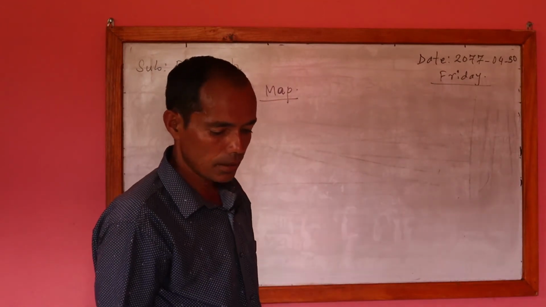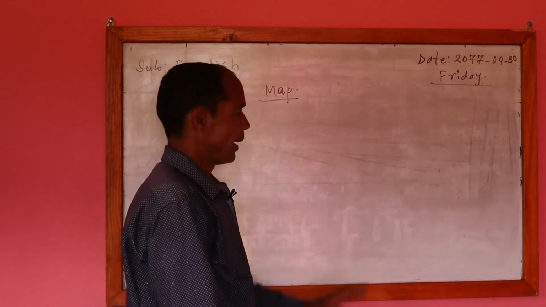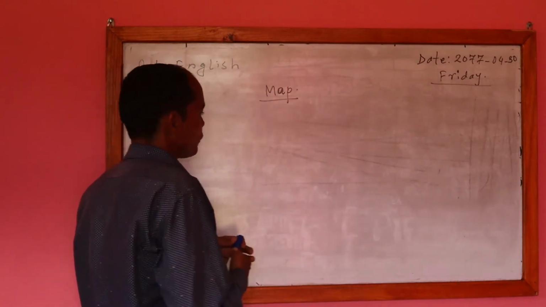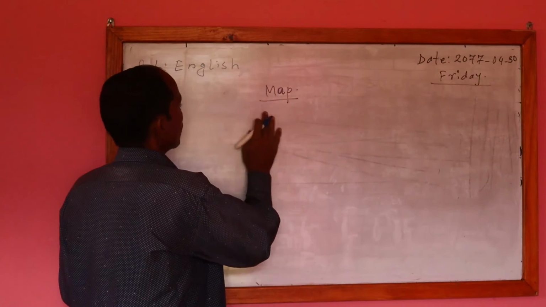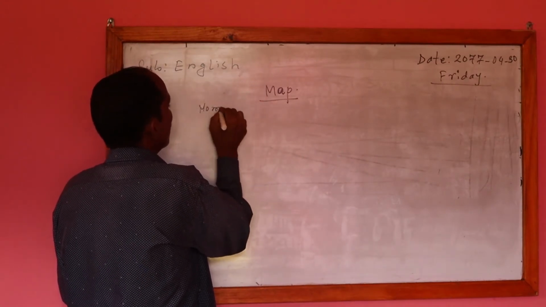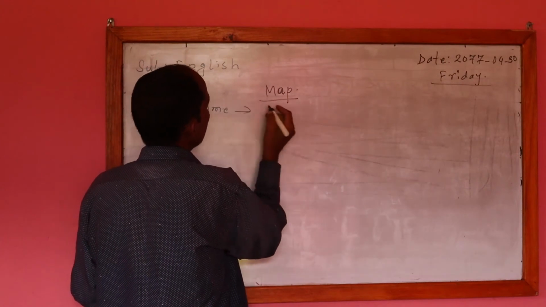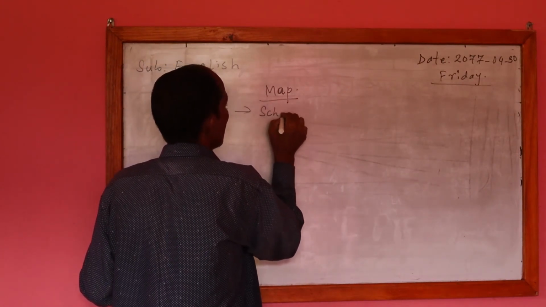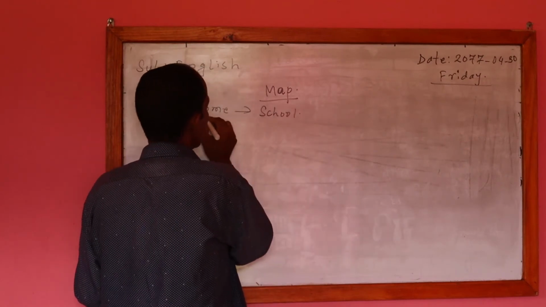Similarly, if we make a map, let's say your home is there, and maybe near you one school is there. Now how can we reach your school from home?